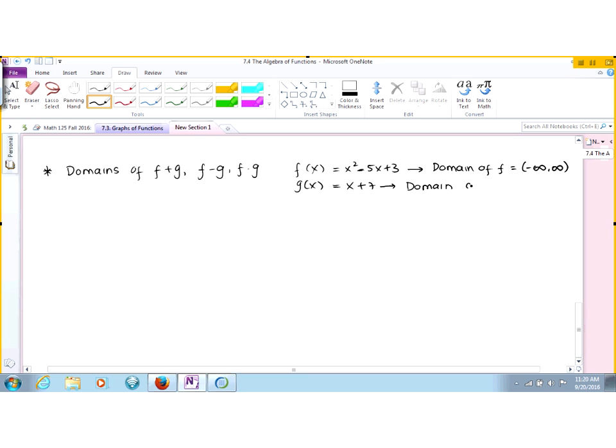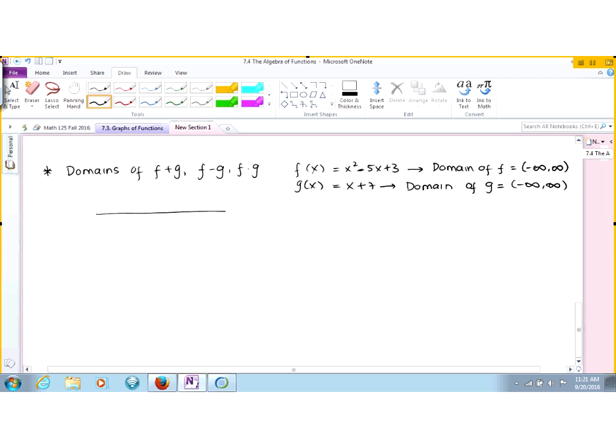What is the domain of any non-vertical line? Negative infinity to infinity. Are we okay so far with the domain? What does domain mean? The set of all possible inputs or x values. What is the range? All possible outputs. Now we're talking about the possible inputs only.